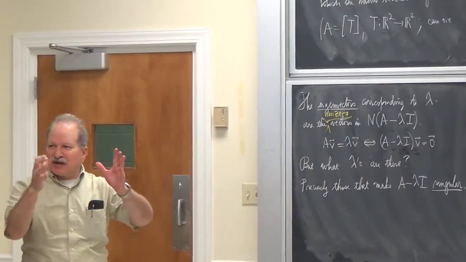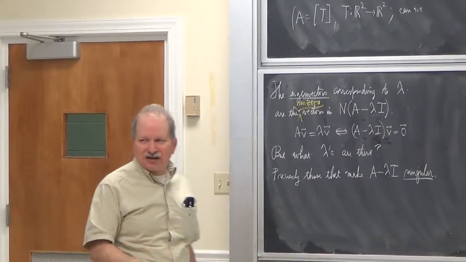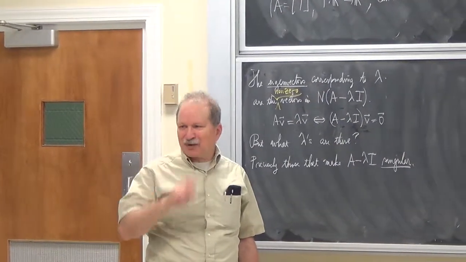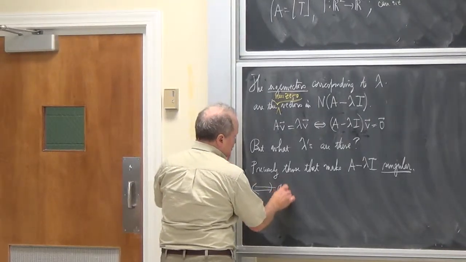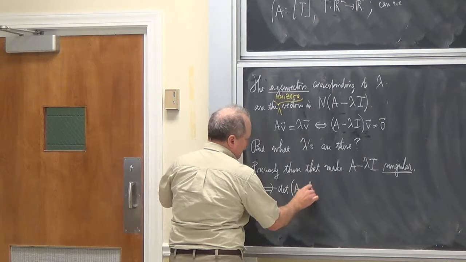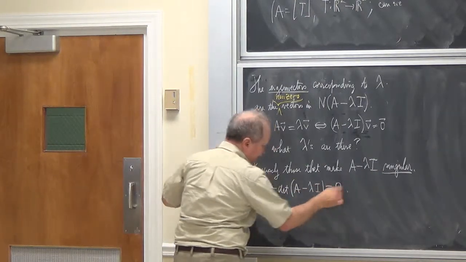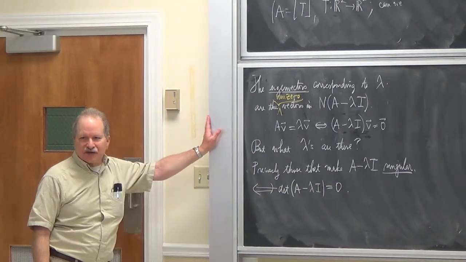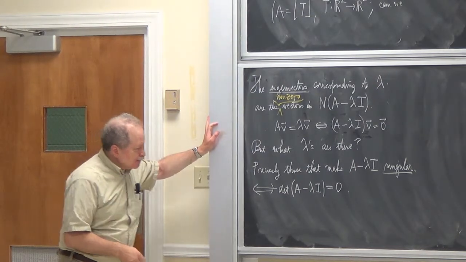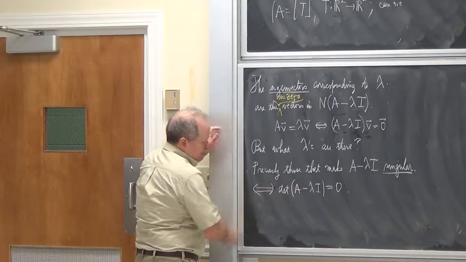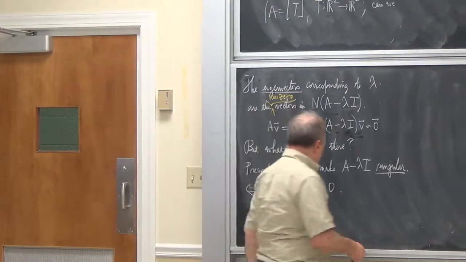If I give you a square matrix and I ask you singular or non-singular, what's a good test? Determinant. So the determinant should be what? 0. Singular matrices have determinant 0, non-singular matrices have determinant non-zero. So that's what we ought to do.